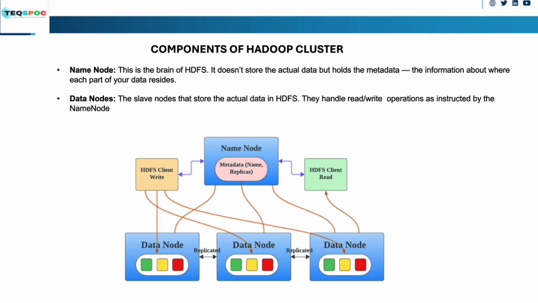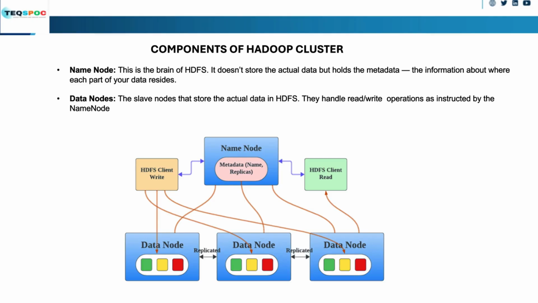Similarly, me being the client, if I try to do read-write operations on the Hadoop cluster, I will connect with the NameNode first. The NameNode will retrieve the information on what nodes or what blocks my data is residing. In that case only, I'll be able to retrieve the data. If I try to load some data into the Hadoop cluster, the NameNode will also come into action first.